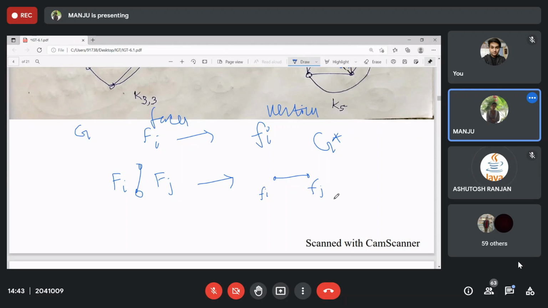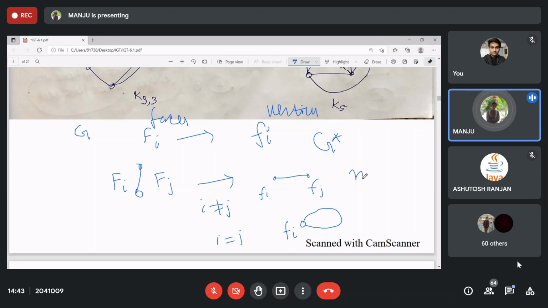Okay. That means for every edge there is an edge, right? If i is not equal to j, then this one. If i is equal to j, it means loop formation. Yes, loop formation. Okay, means to say for every edge there is an edge.